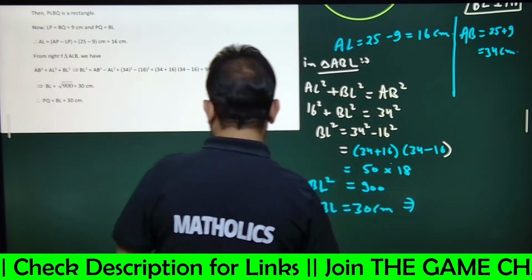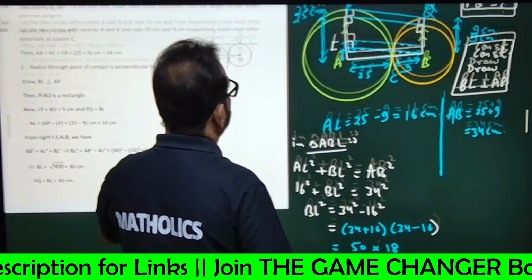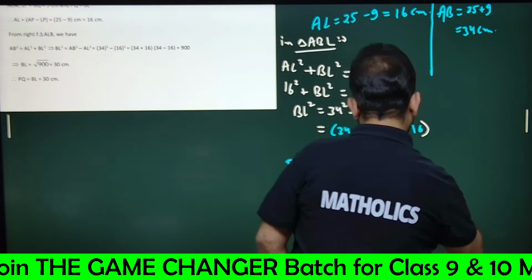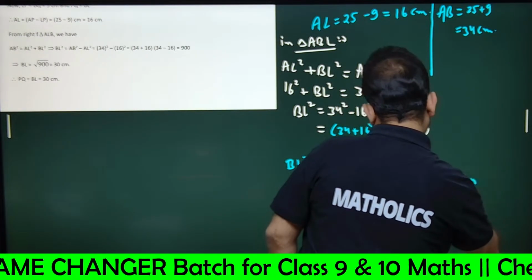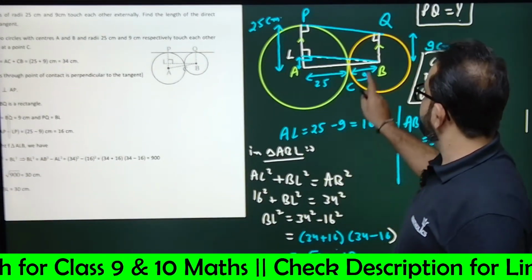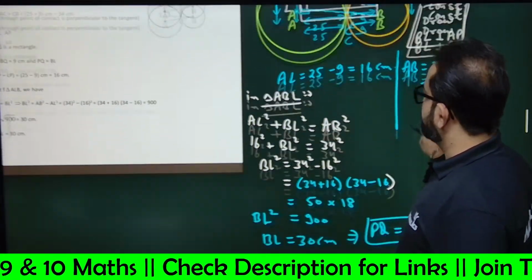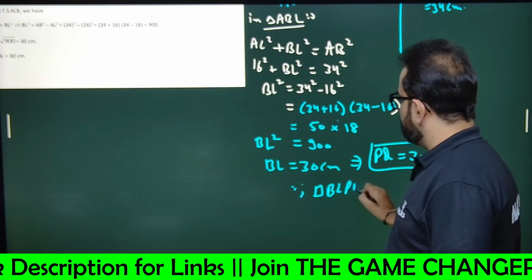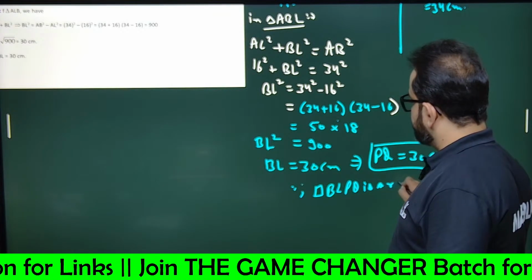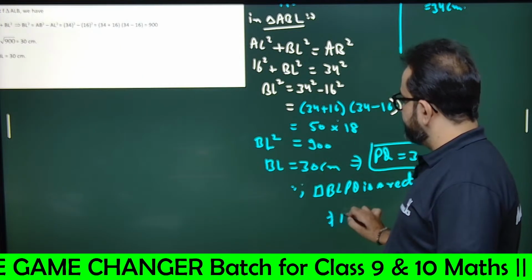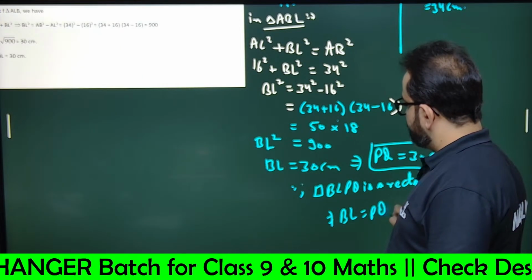It implies the length of PQ, the common tangent, is also 30 centimeters. Why? Because this figure BLPQ is a rectangle. Yes or no? It implies simply you can say BL equals to PQ.